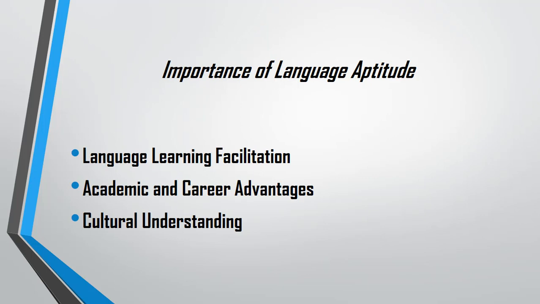And when we talk about language learning facilitation, we mean that they will be competent not in one language or two languages, but in four or even five languages. That's what we are talking about.